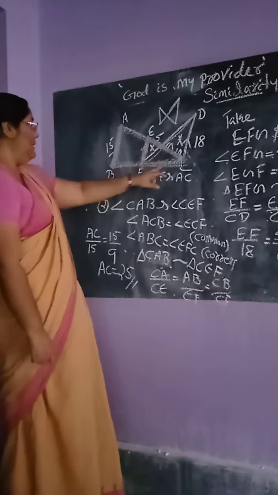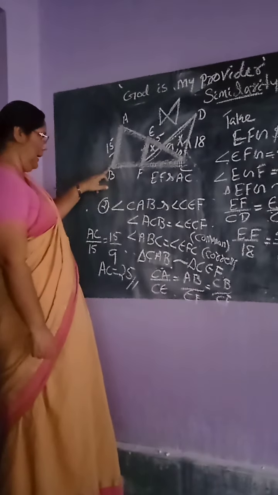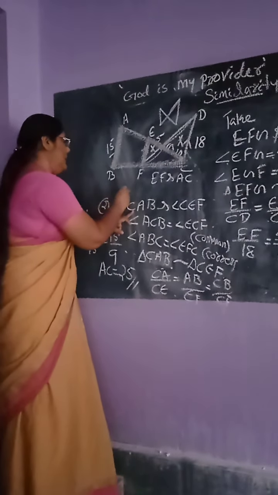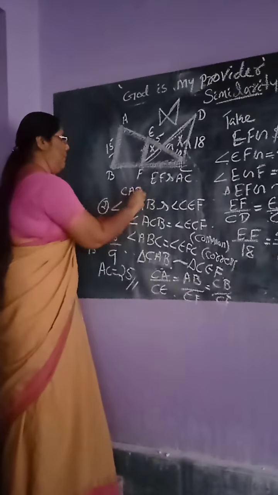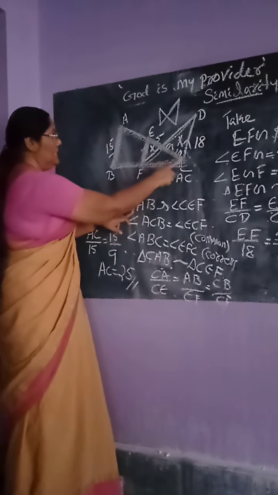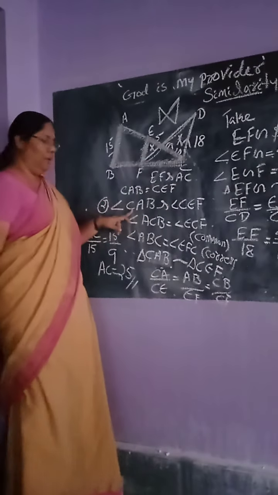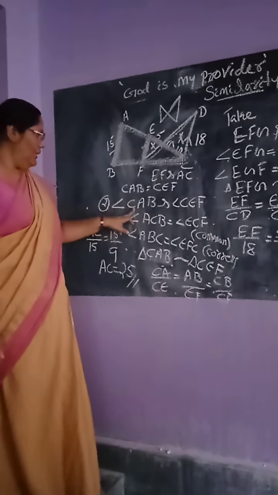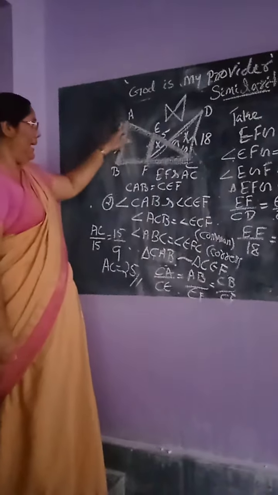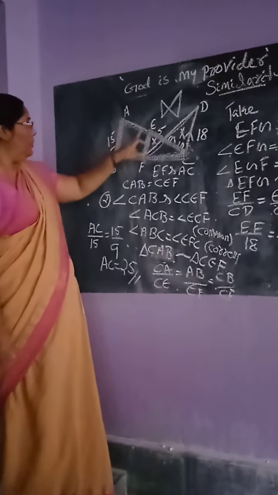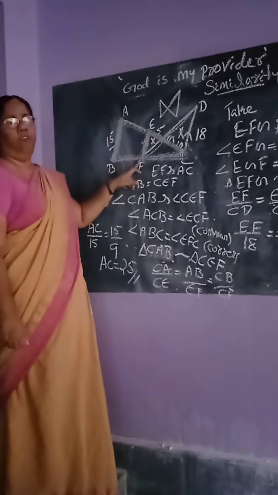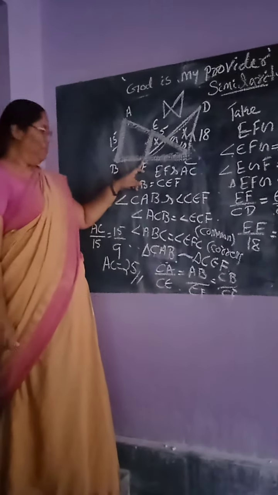Take the triangle CAB and CEF. In that case, we know that angle ACB equal to ECF. Common. Here write common.